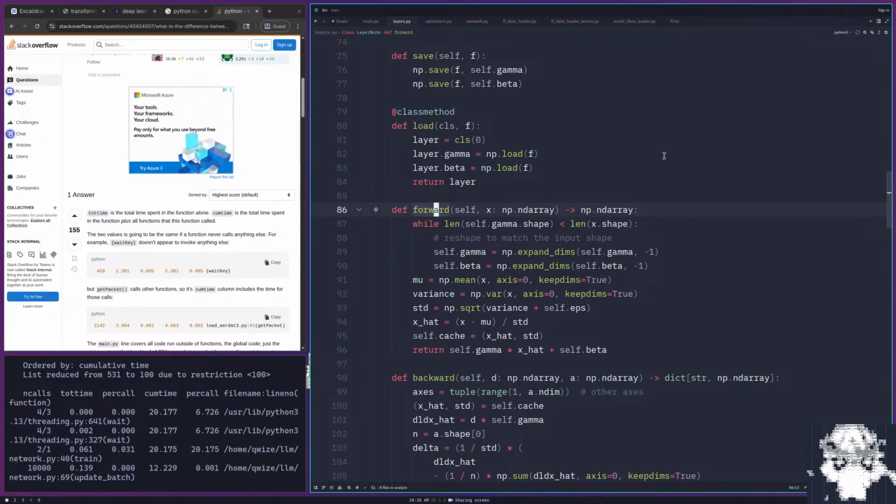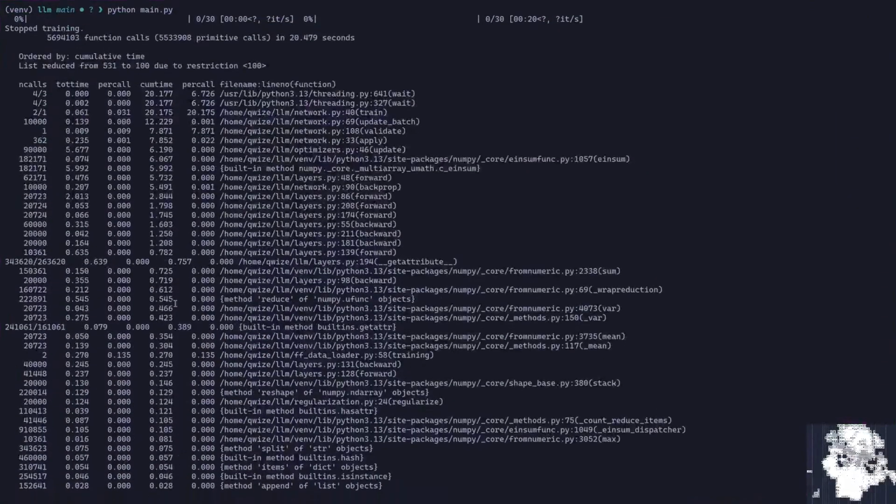I'm not really doing anything that could be slow except for maybe this while loop somehow can be slow.